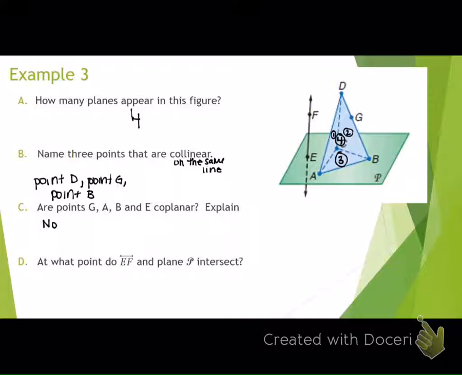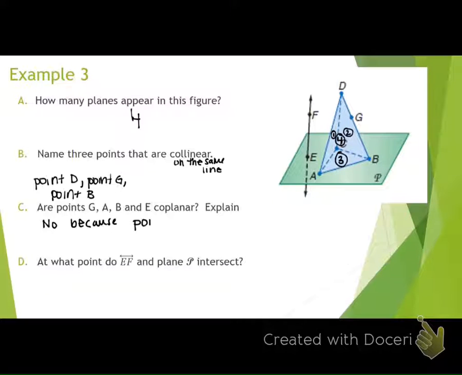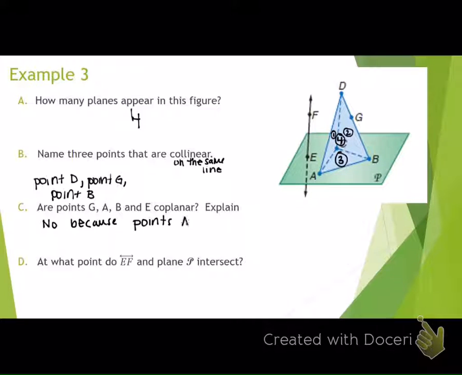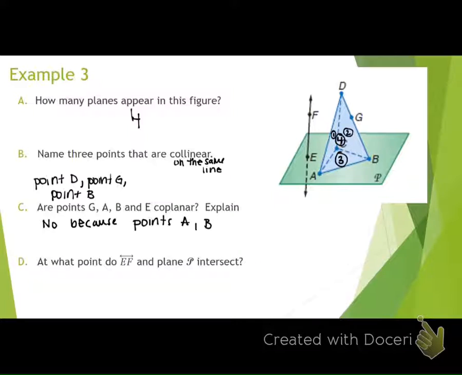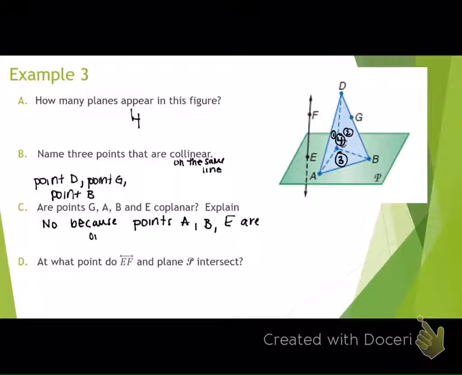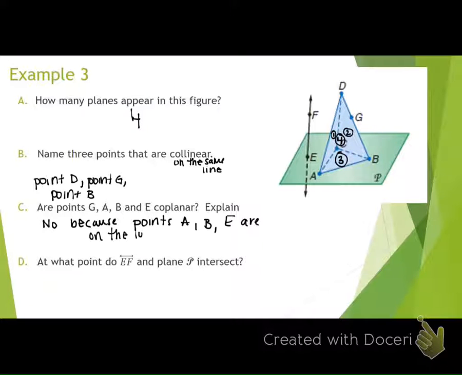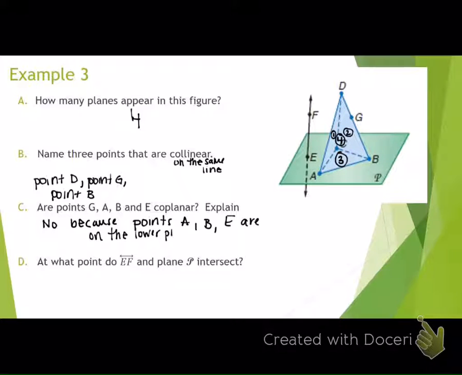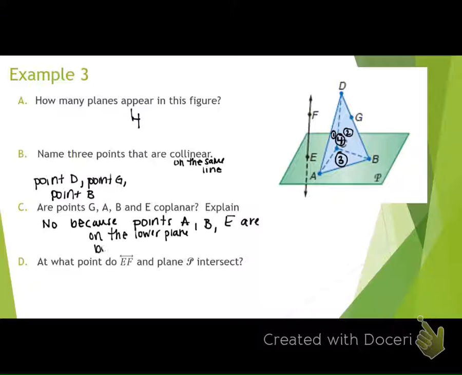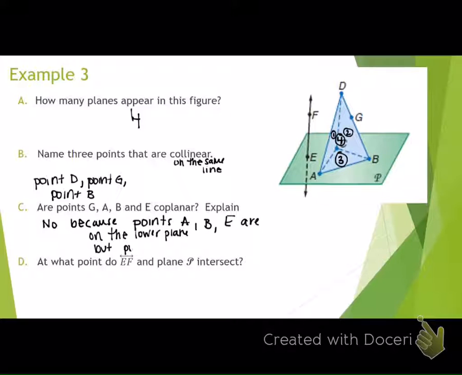So no, because we'll just look at one of the planes. The bottom plane there, points A, B, and E are on the lower plane. But point G does not sit on that plane.